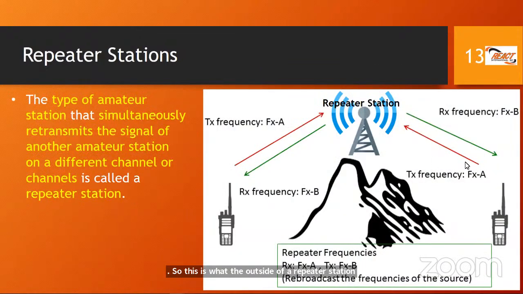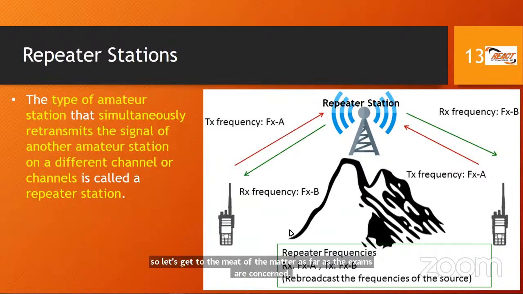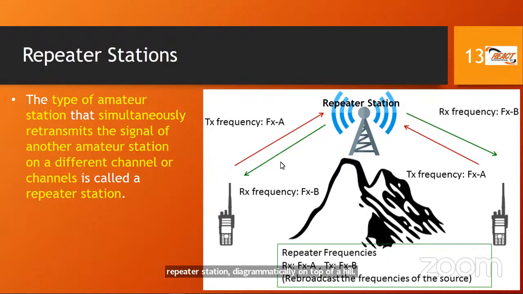All right, so let's get to the meat of the matter as far as the exams are concerned. Now this picture here should be quite familiar to most of us already. We have shown a repeater station diagrammatically on top of a hill. We have a repeater, and then we'll have our operators with a handheld radio transmitting to the repeater, and the repeater will be retransmitting wide area. And we have other amateur radio operators that will be listening.